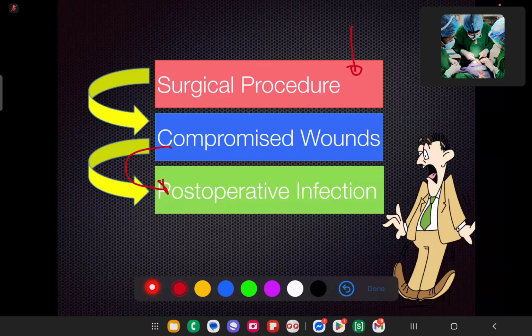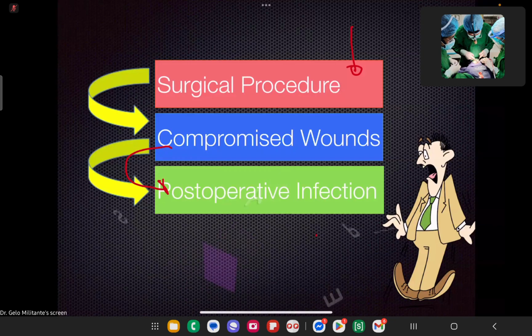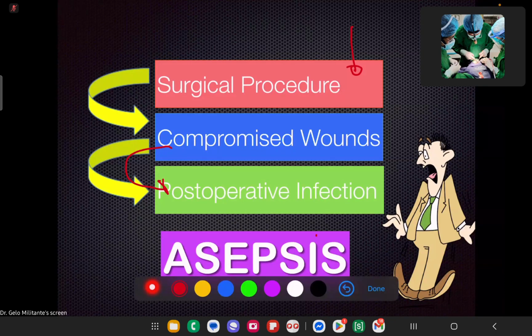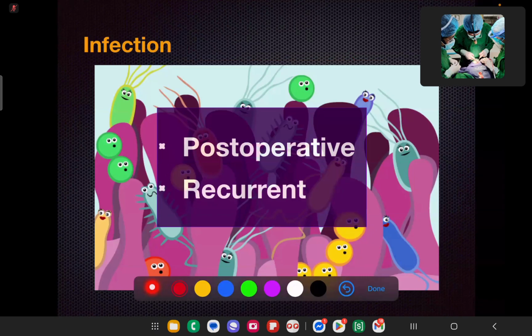All of this is particularly an issue of what we call asepsis. Asepsis would always be the issue. Asepsis in the surgical procedure is very important. Asepsis is also a concern of the compromised wound, and of course, also an issue of the post-operative infection. That's why we really need to manage the infection within those compromised wounds.